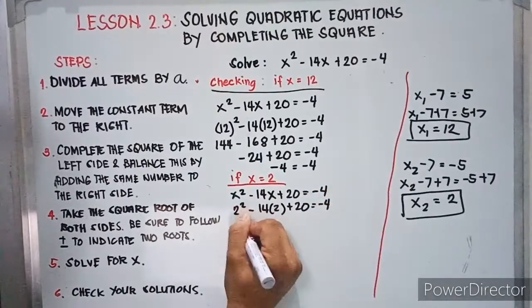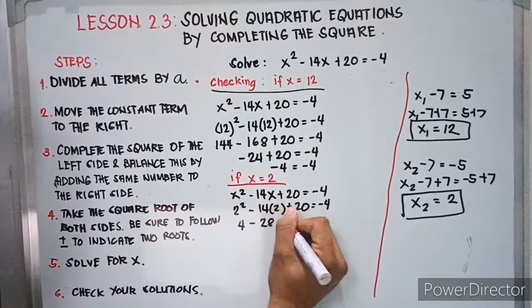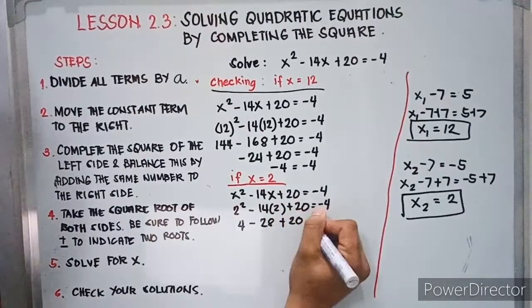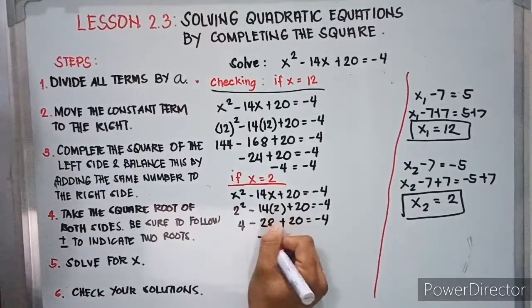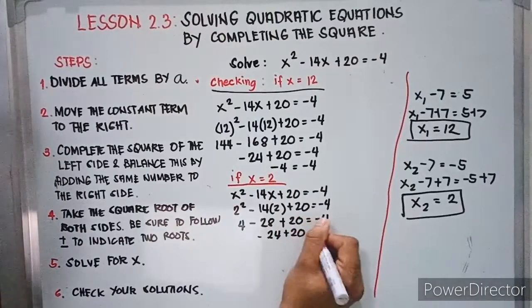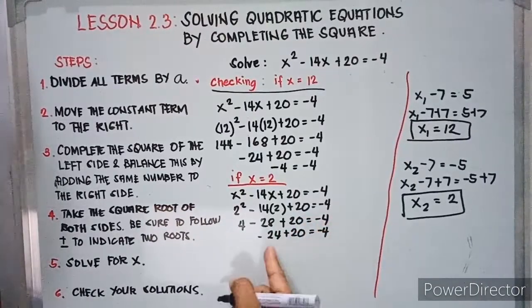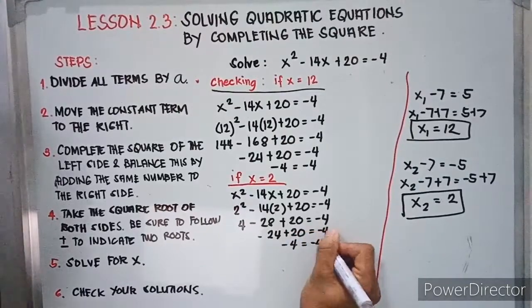So we have 4 minus 14 times 2 is 28 plus 20 equals negative 4. So we have 4 minus 28 is negative 24 plus 20 equals negative 4. So negative 24 plus 20 is negative 4 equals negative 4.